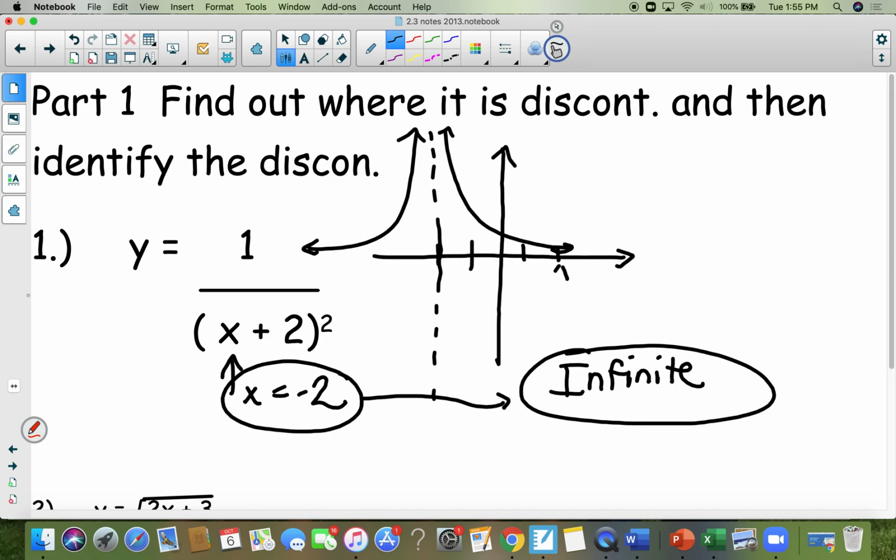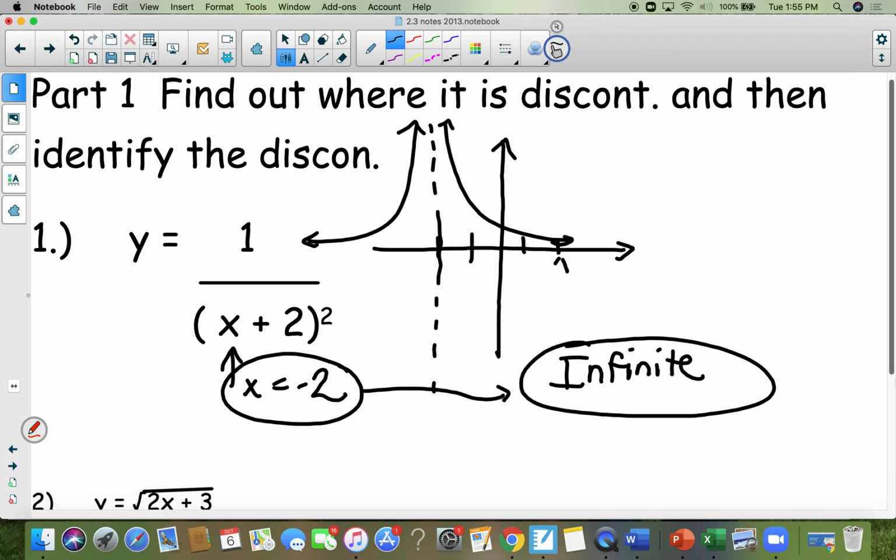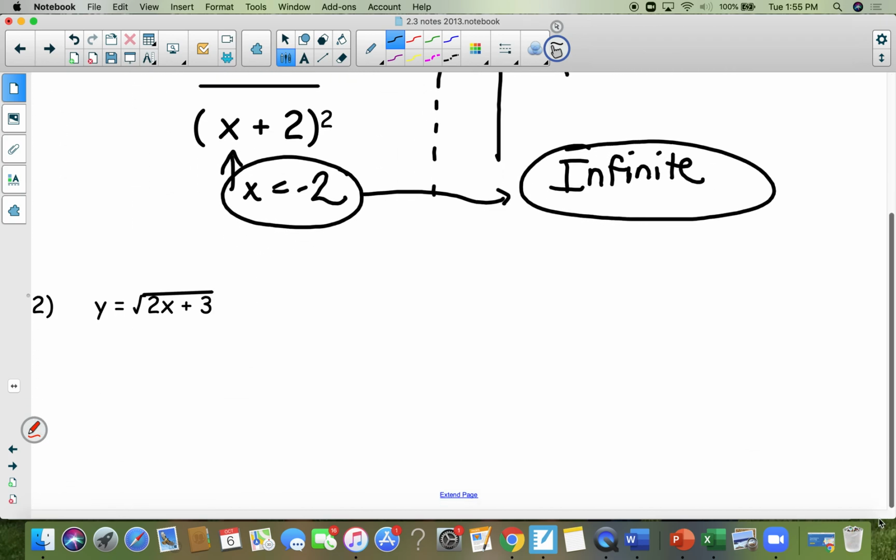Okay, the next one. This one's kind of tricky. I don't know why they're even giving you this one, but when you plug in y1 equals the square root of 2x plus 3, this is what you get. At exactly negative 1.5, right in the middle of negative 1 and negative 2, it's going to make a swoosh.